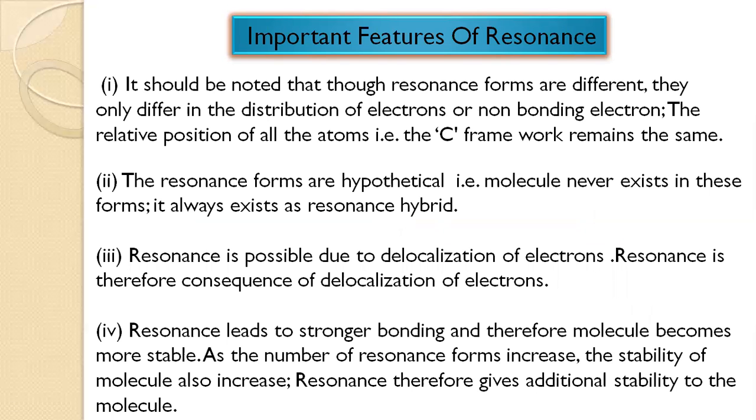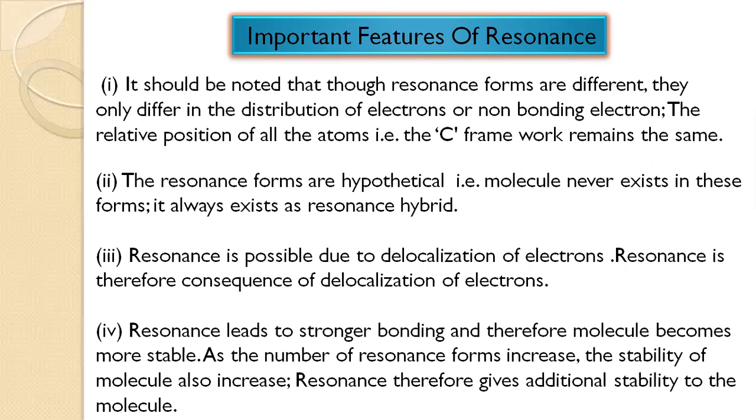These are the important features of resonance. It should be noted that though the resonance forms are different, they only differ in the distribution of the pi or non-bonding electrons. The relative position of all the atoms, that is the carbon framework, remains the same. Resonance forms are hypothetical, meaning the molecule never exists in these forms; it always exists in the resonance hybrid form, which is the actual form. Resonance is possible due to the delocalization of electrons.